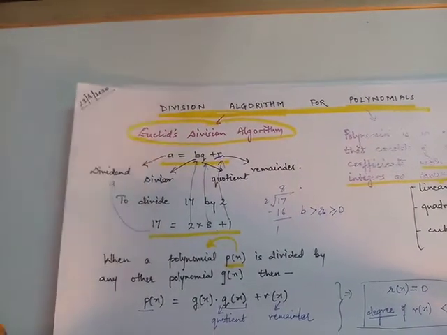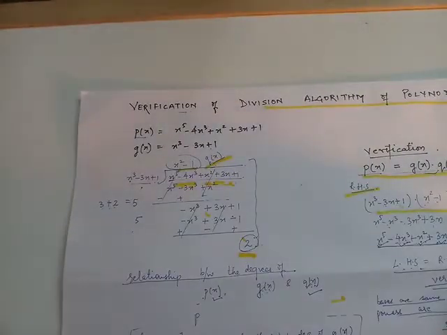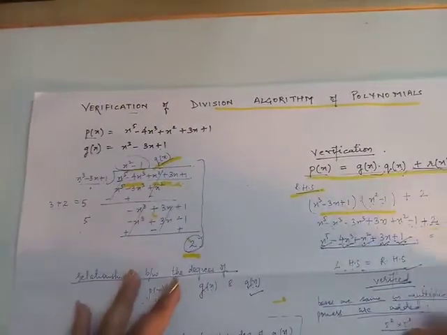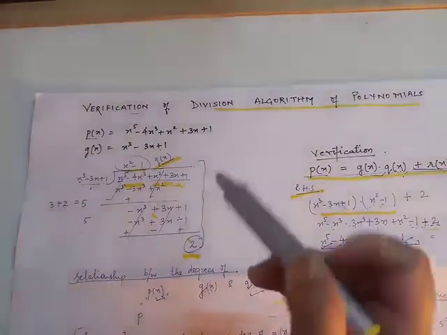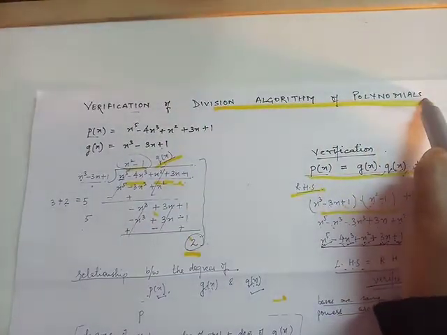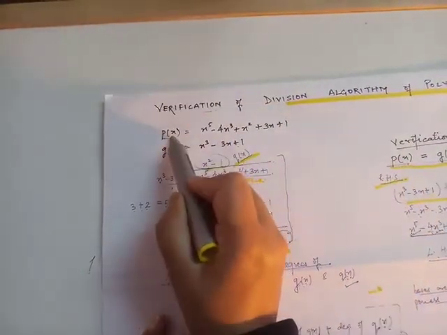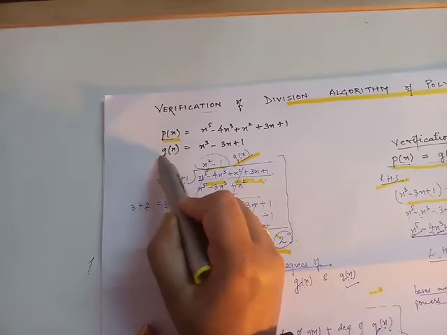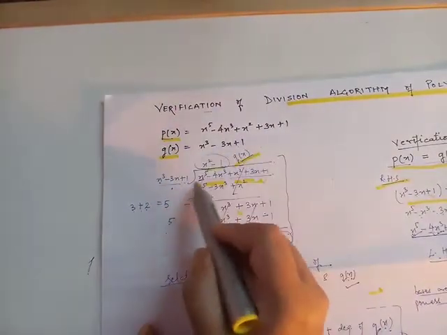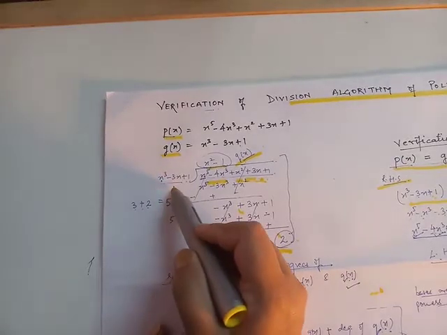So here we have just stated the division algorithm. Let us now also verify whether the division algorithm is really true for polynomials or not. For this I have taken a polynomial p(x) and a polynomial g(x), and I have divided p(x) by the given g(x).